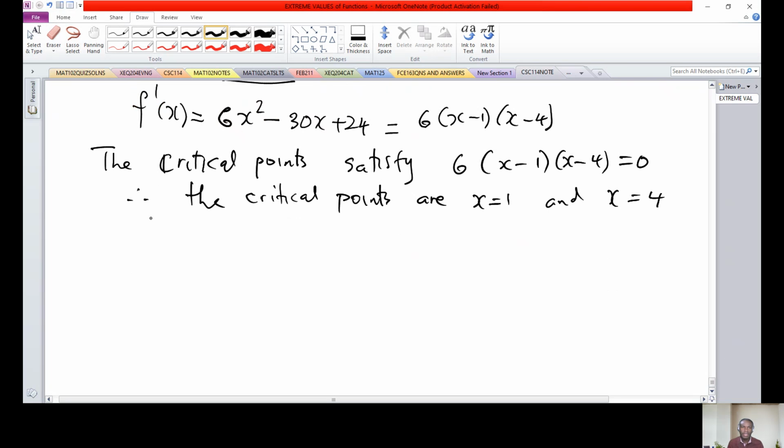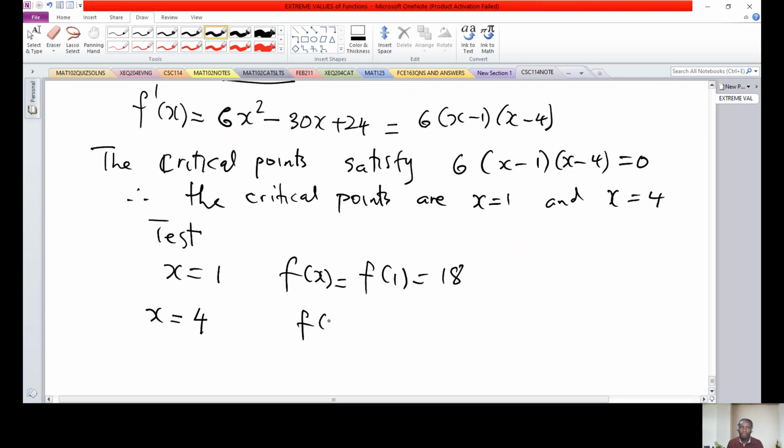So therefore now we test. When x equals 1, f of 1 is 18. When x equals 4, f of 4 is negative 9.